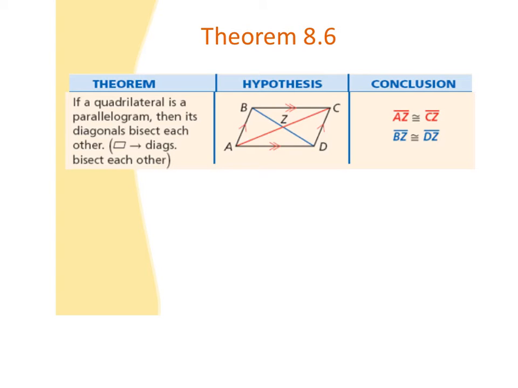So I can state that BZ is congruent to ZD, and also that AZ is congruent to CZ or ZC. Okay, so the diagonals create two congruent pieces when they bisect each other. And it goes from an angle to a non-consecutive angle. So it goes from A to C or B to D.